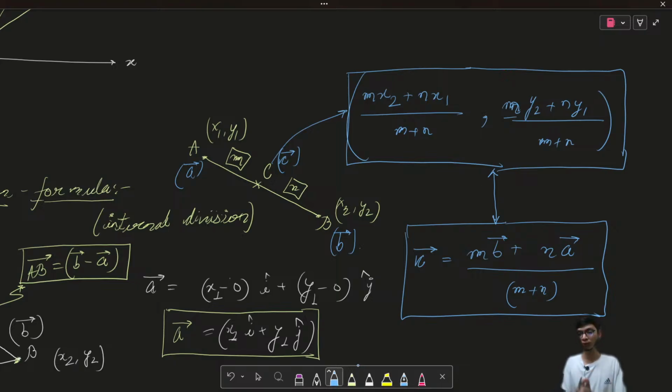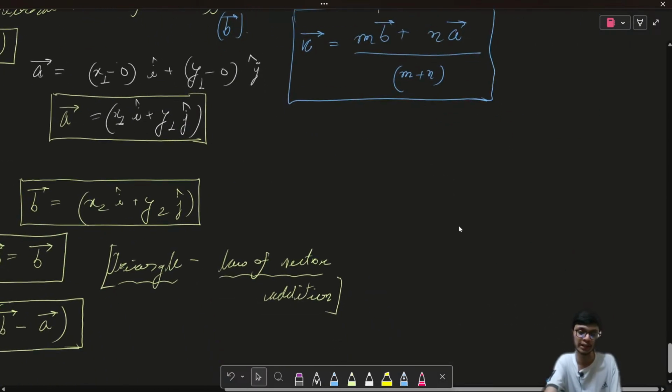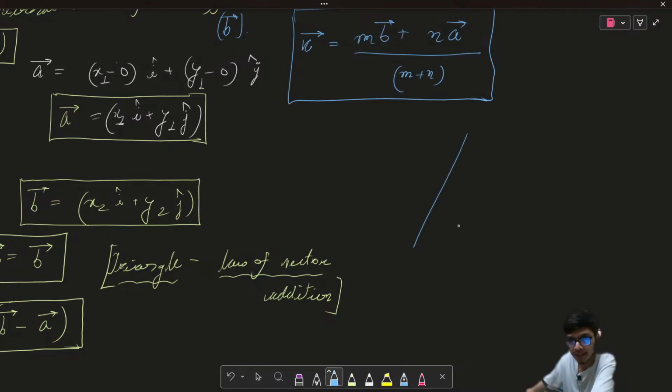Now if you ask me how I am going to write this expression, again, very simple. You must have applied it in your geometry classes on triangles. If I have a triangle like this, let us say any general triangle ABC, which has nothing to do with this points ABC over here, right?